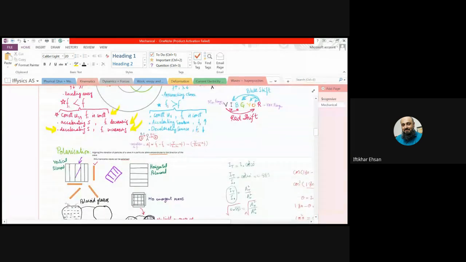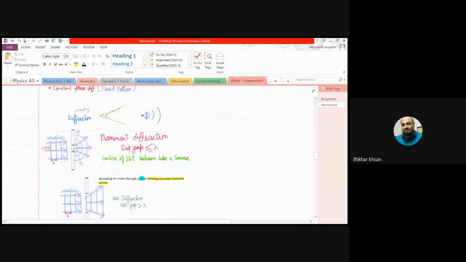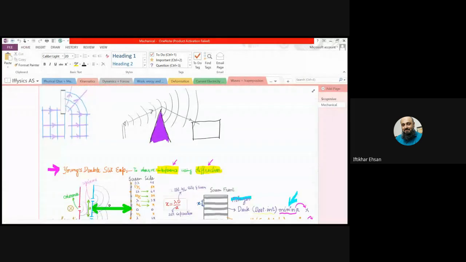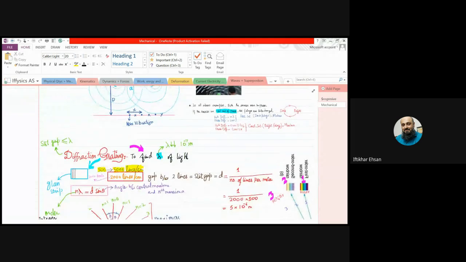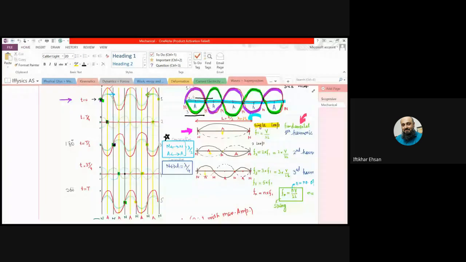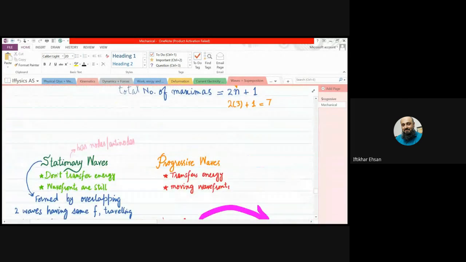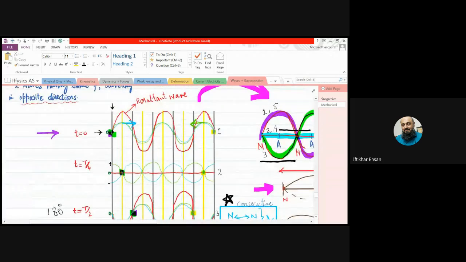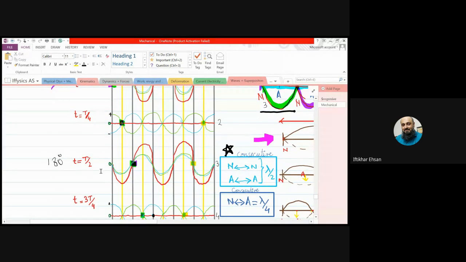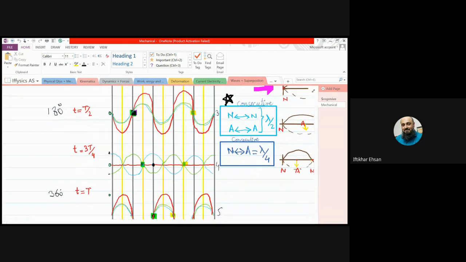Beta, when we started the stationary wave, we said there should be two opposite waves interacting with each other. If at the start the wave is like this, this is the resultant wave. Can you see the red one? After a quarter time period, it will be straight. After another quarter, it will be in the opposite waveform. After another quarter, it will be straight.